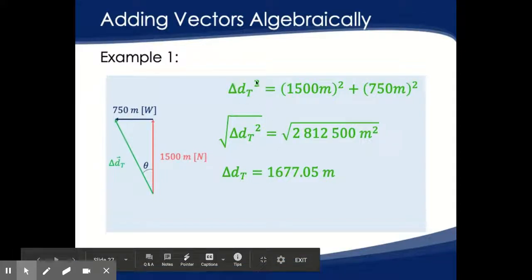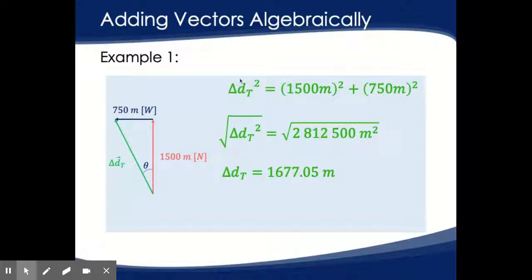So that's what this is representing here. So this is like your c squared, right? So you've got a squared plus b squared equals c squared. It does not matter which one you designate as a or b, as long as c is your resultant vector. So hopefully you guys know how to solve these. I would assume at this point, if you've taken all these algebra classes, you know the Pythagorean theorem. So I'm not going to go over that real hard.